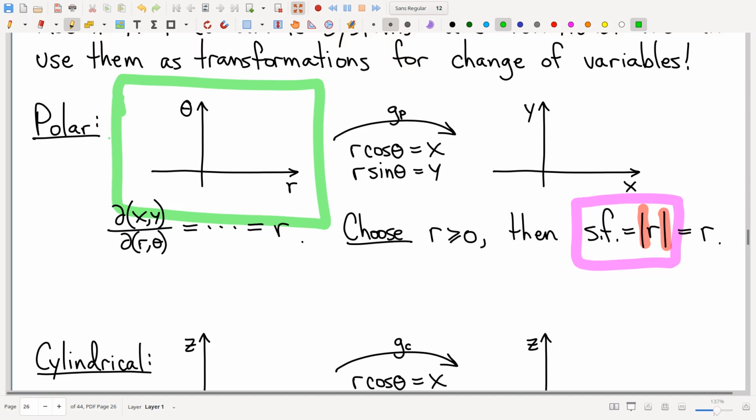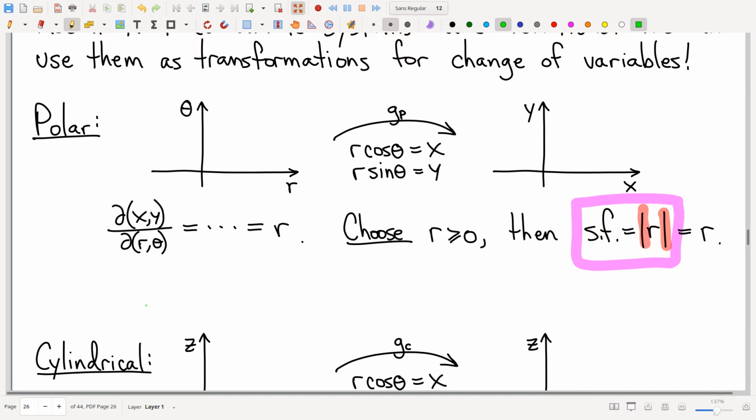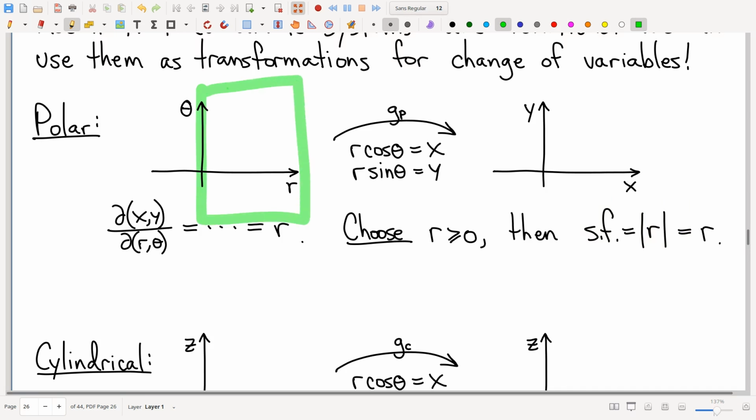Why not? Right? So now, though, we have a motivation to make a different choice. We are now going to restrict our flexibility there. We are now only going to allow positive values of r.